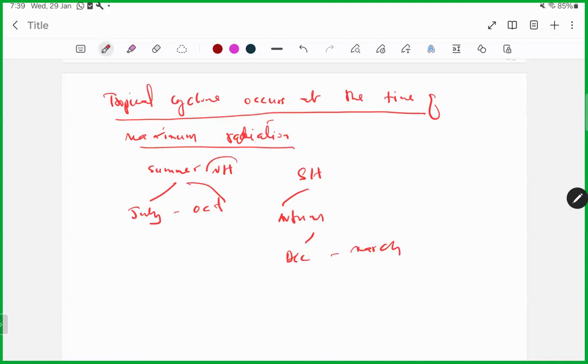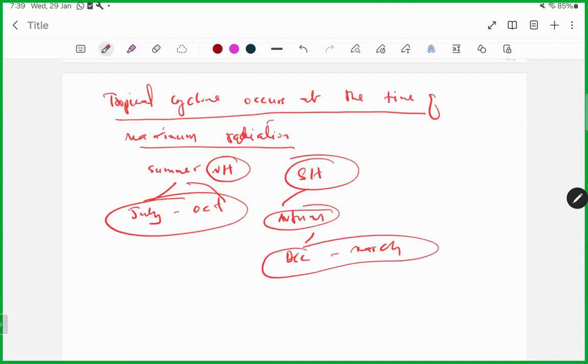In summer in the northern hemisphere, it is between July and October, whereas in the southern hemisphere, it occurs during autumn, between December and March.